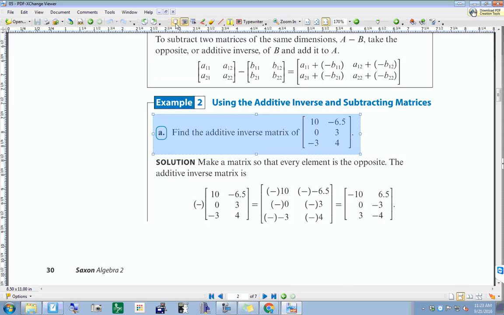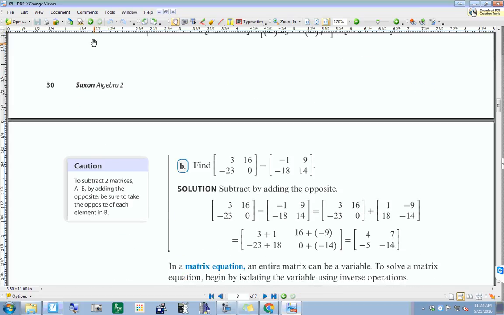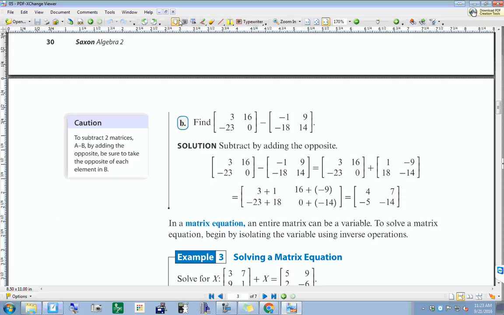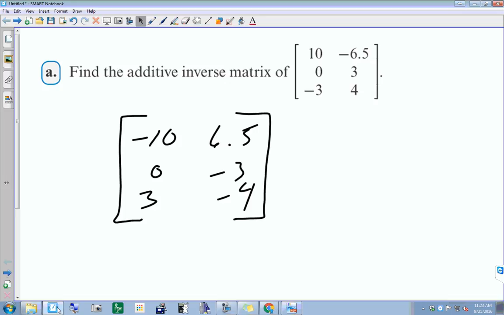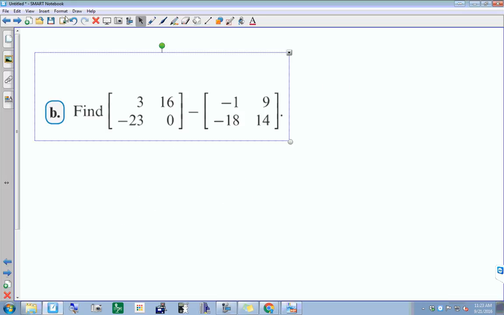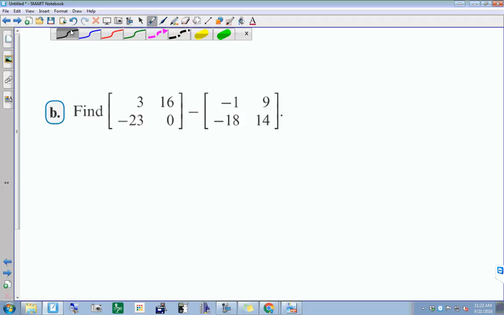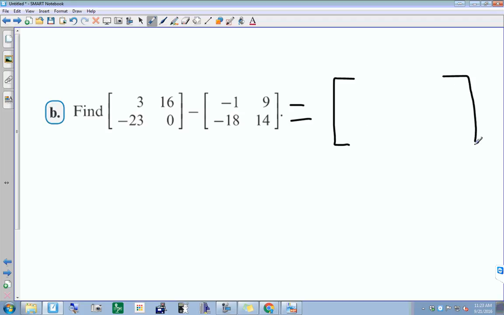So let's try this. I want to find what that's going to be equal to. Well, again, going to have a matrix.